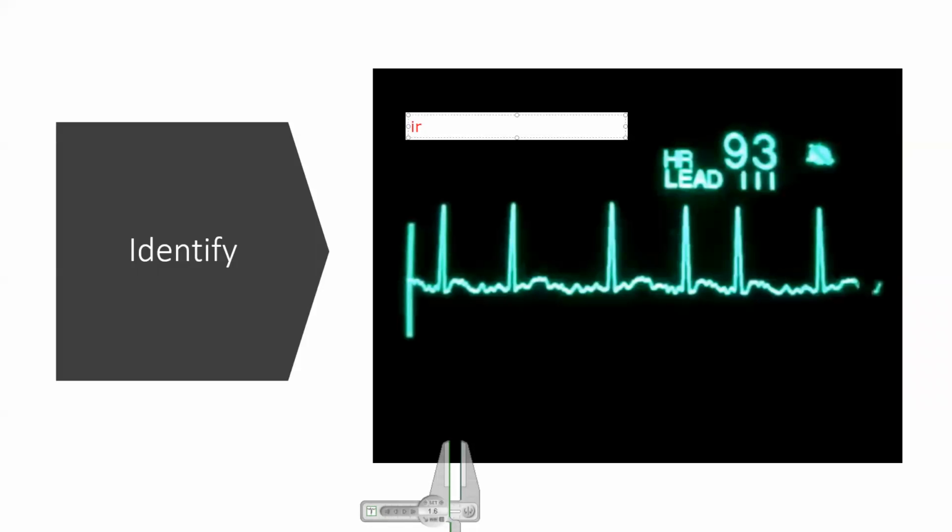And the first one is that it is an irregularly irregular rhythm. That is the first criteria for atrial fibrillation, and non-identifiable P waves.